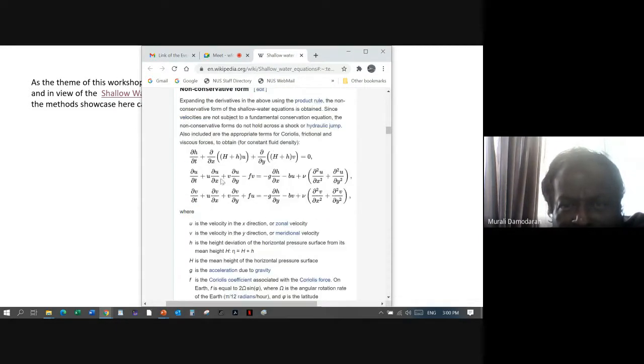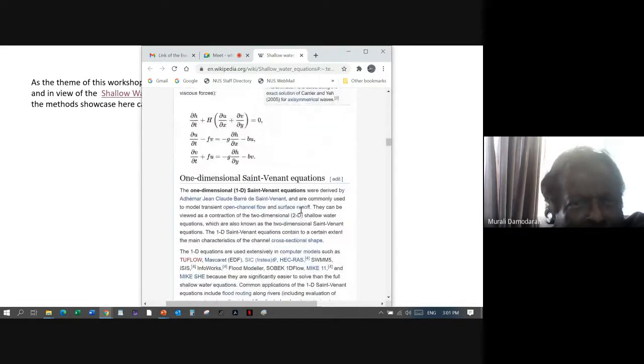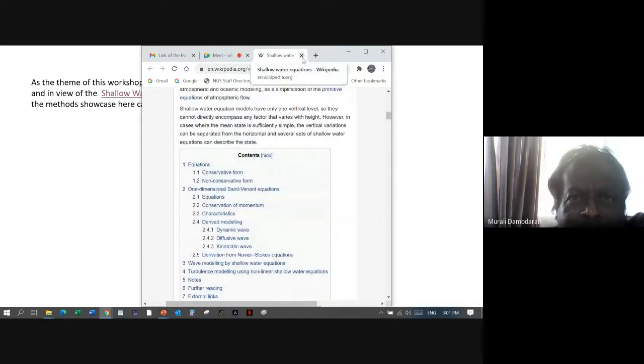In non-conservative form, it will look like this, and you also have viscous terms added. So this is another area which some of you working in the environment might want to explore, because you already have an open source solver for hyperbolic systems.